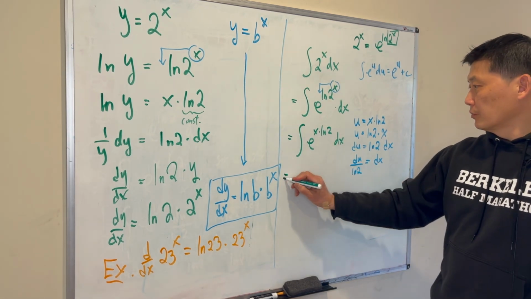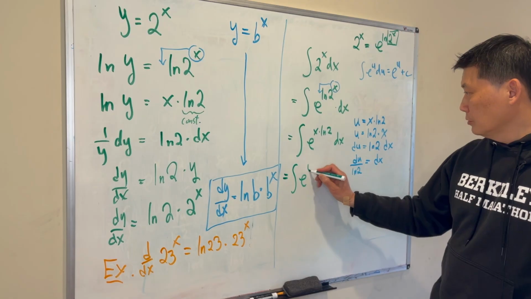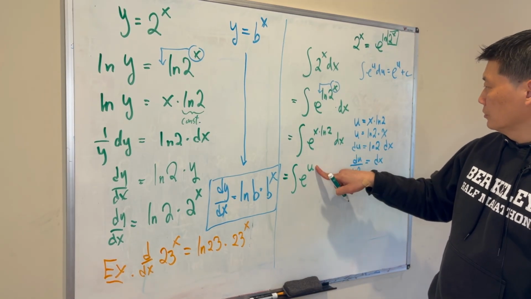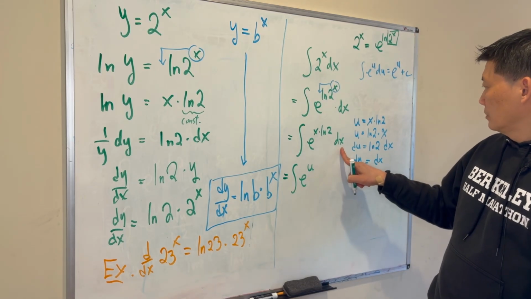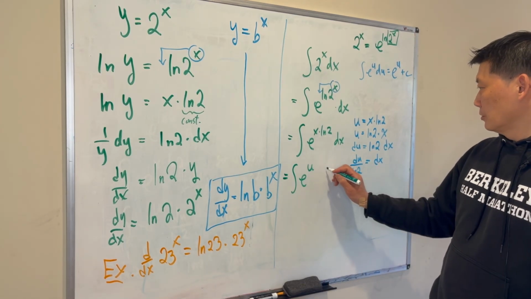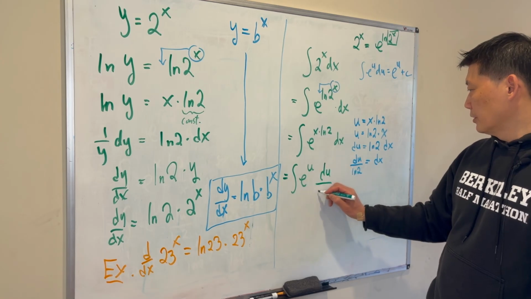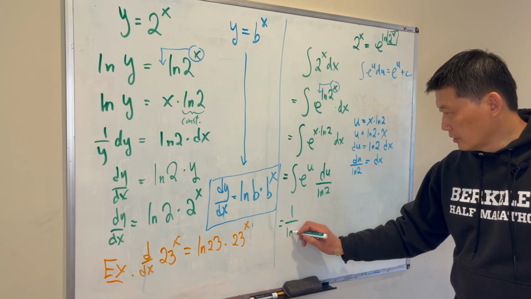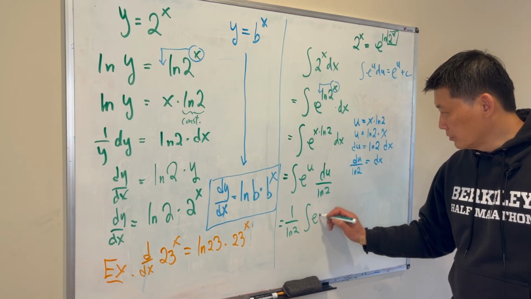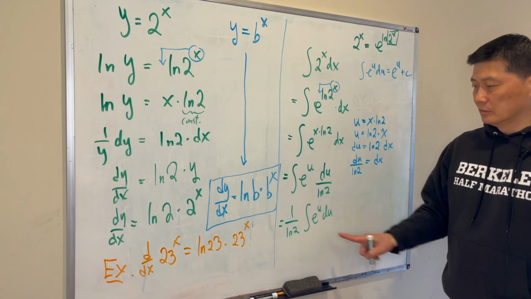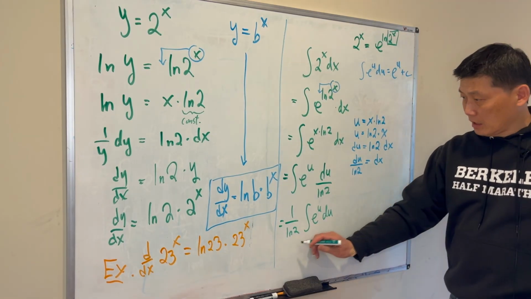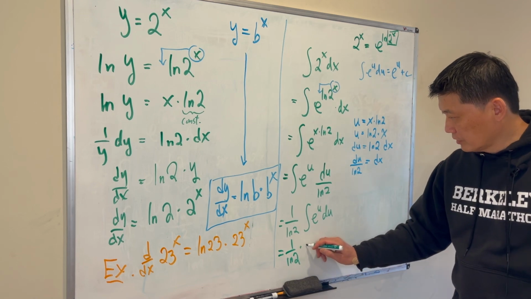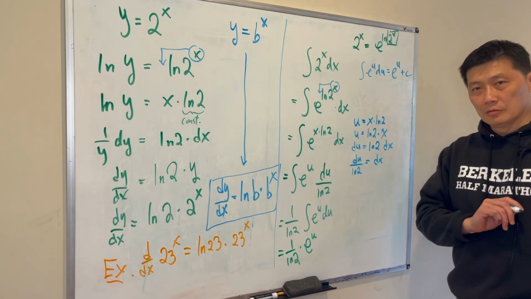So we write this further: e to the u, right? With u substitution, turn this whole thing into u, and dx into du over ln 2. That just means 1 over ln 2 times the integral of e to the u du. So that is easy. That's 1 over ln 2 times e to the u.